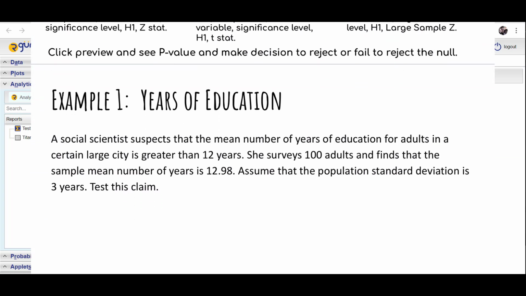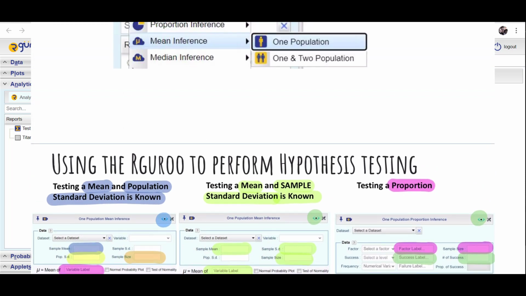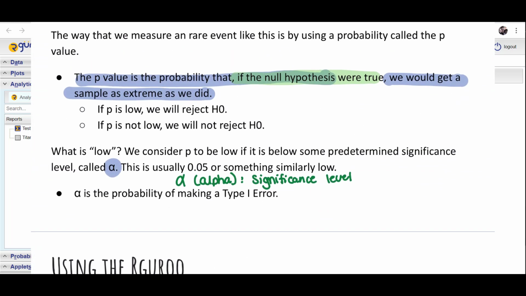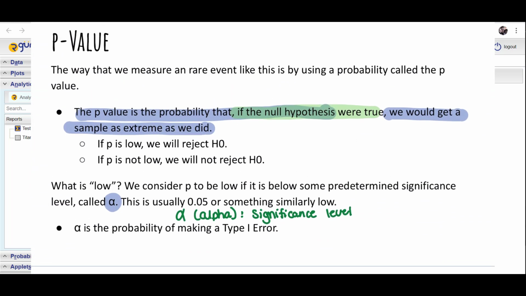All right. So again, going back up here, what do we do with the p-value? If the p-value is low, we reject the null. If the p-value is less than or equal to the significance level, you are going to reject the null.